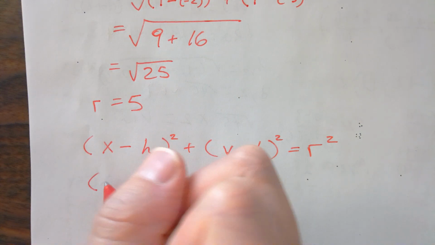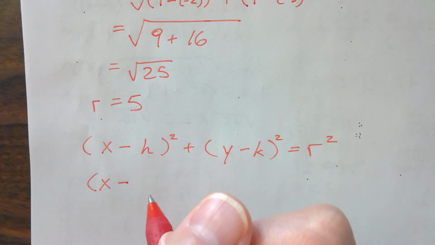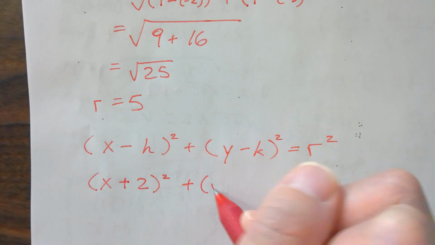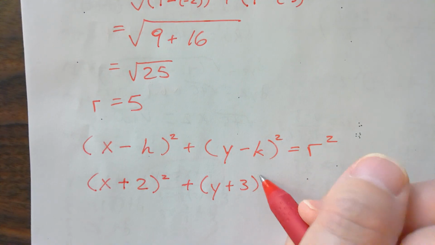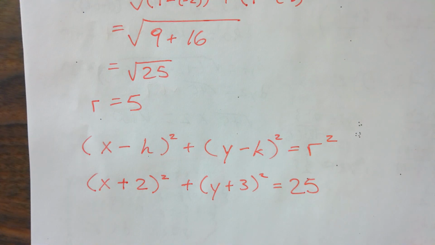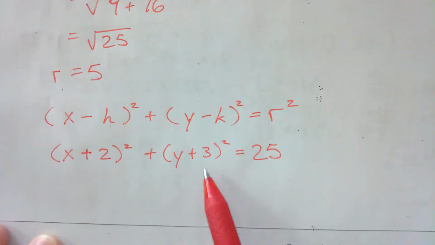So the equation of this is x plus 2 squared plus y plus 3 squared equals r squared, which is 25. Okay, and it turns into a plus because this is negative 2 and negative 3. So that's why it's plus.